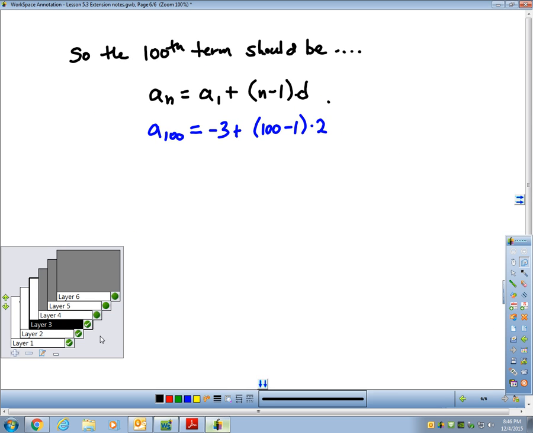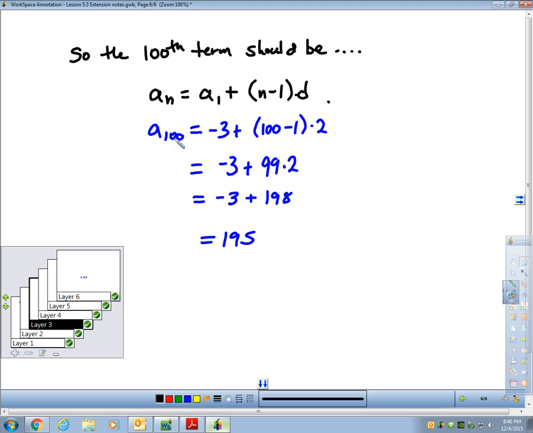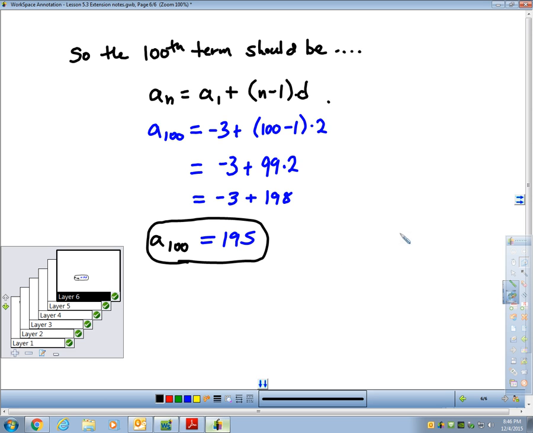Well, let me calculate that out. I have negative 3 plus, that would be 99 times 2. That would be negative 3 plus 198. The 100th term of the sequence should equal 195, and that's a heck of a lot easier than me trying to actually count to the 100th term and figure it out in my head.